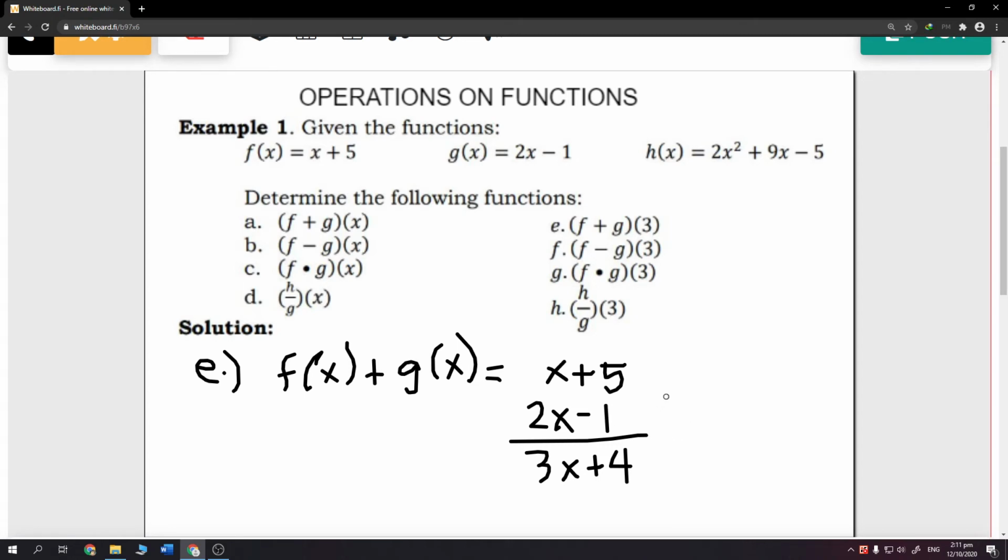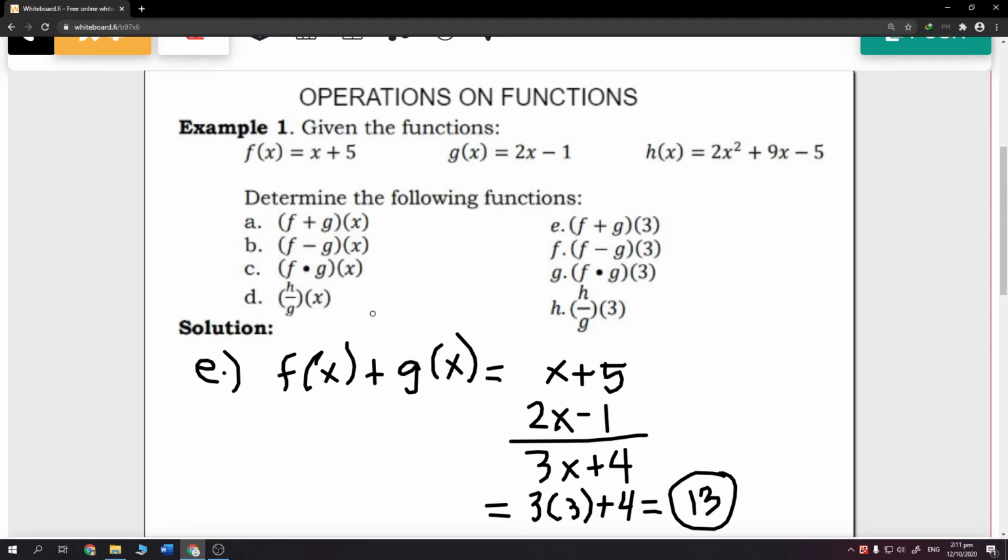Then all you have to do is to substitute 3. So we have 3 times 3 plus 4. So 3 times 3 is 9 plus 4. We have 13. Okay. So the answer for letter E is 13.